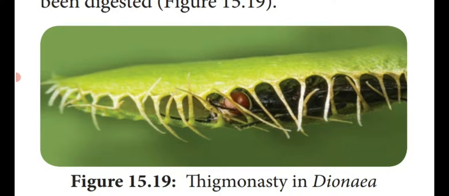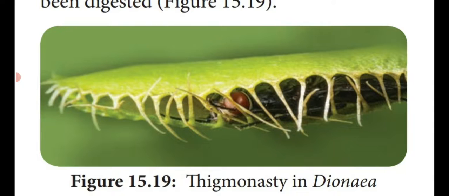So even though these plants are green in color, they are going to do the photosynthetic function, but they lack nitrogen, so they are capturing the insects and fulfill the nitrogen deficiency.